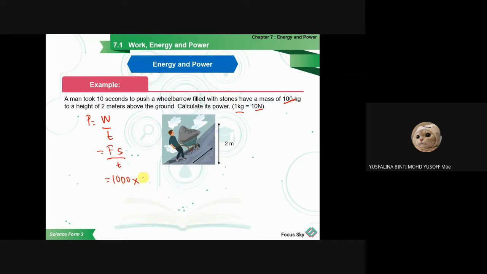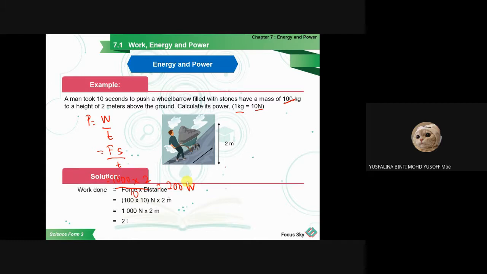The displacement here is 2, and the time taken is 10 seconds. So 2000 divided by 10, you will get 200 watt. Let's check the answer. Yeah, correct. Very good.